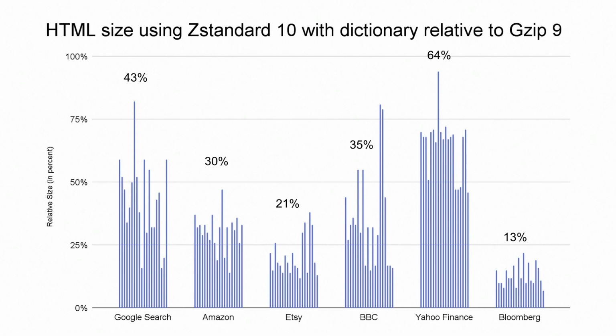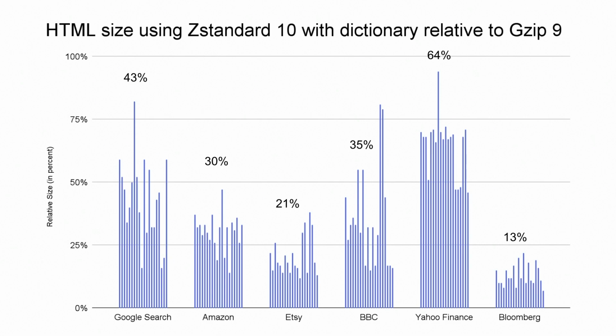And when you take that dictionary and apply it to the HTML pages, you can get, even for dynamic content, significant savings. Google search, optimized to the hilt. We get 40 to 60% smaller pages if we're doing dictionary compression using a custom dictionary. Etsy, I know you're in the house.